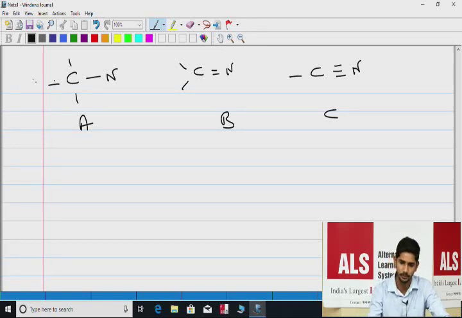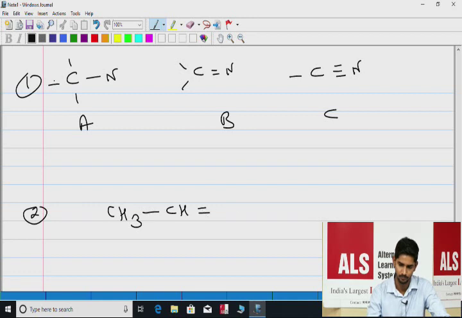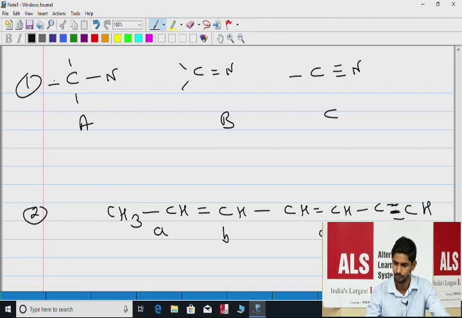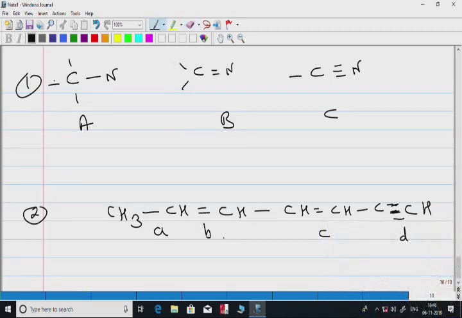And after that, this is question number 1, this is question number 2. A, B, C, and D. Arrange them as well.